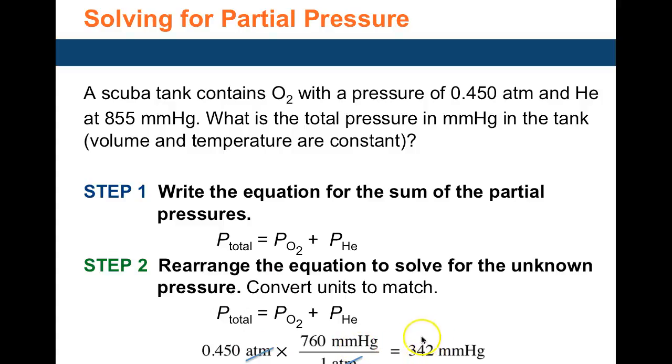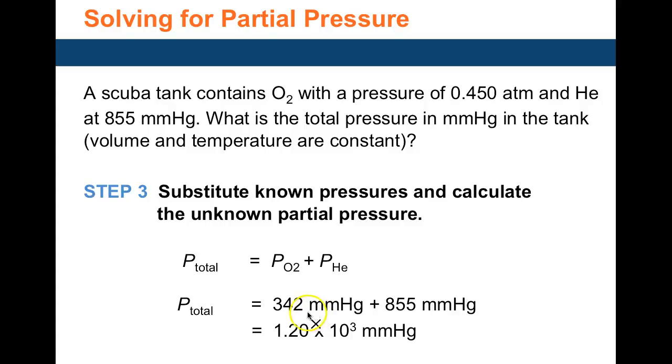Once you do that, you can add the pressure of oxygen to the pressure of helium, and together that will be the P total. Okay, so 342 plus 855, and the value comes out to be 1.20 times 10 to the power 3 millimeters of mercury. That's the total pressure.